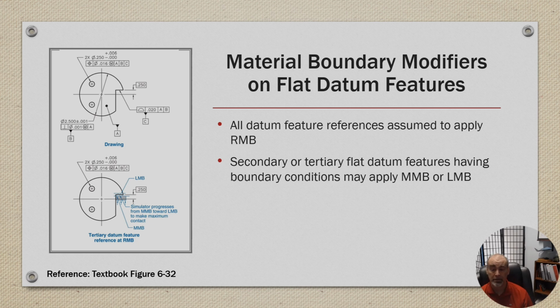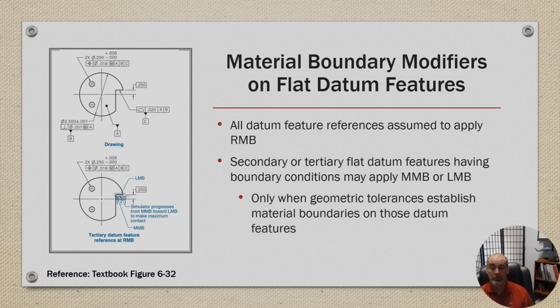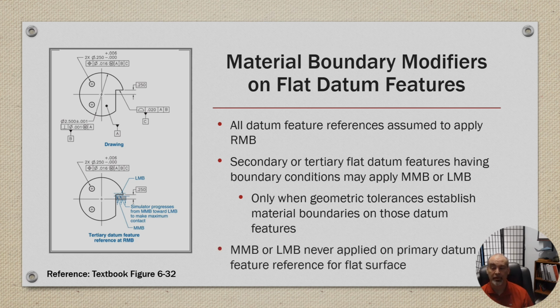Okay. Only when geometric tolerances establish material boundaries on those datum features. And MMB or LMB are never applied on a primary datum feature reference for a flat surface. So it looks like you're allowed to use them on the secondary and tertiary.